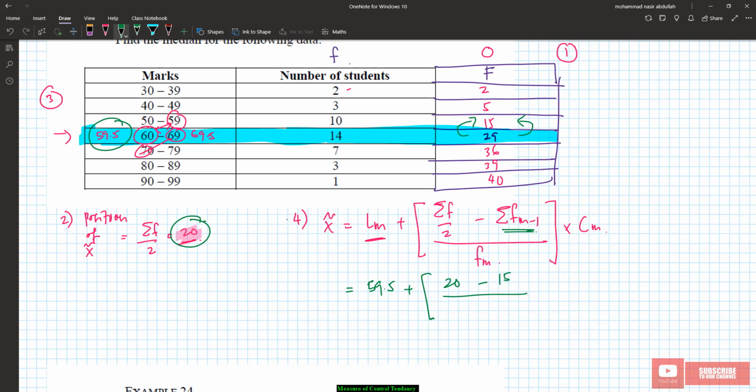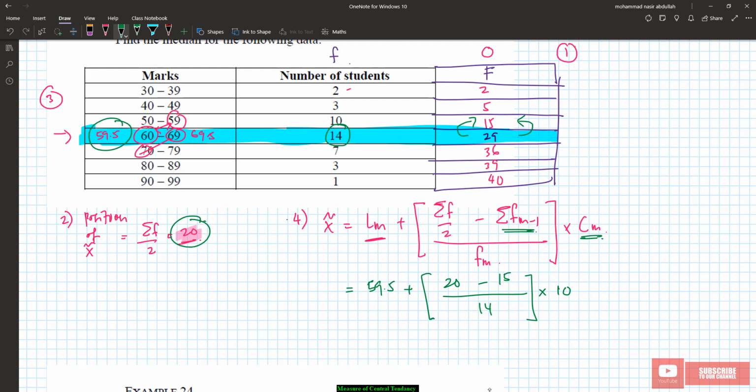Divided by the frequency of the median class, which is equal to 14, right? And then multiply with the class size of the median class. So how to find the class size of the median class? 69.5 minus 59.5 should be equal to 10, right?